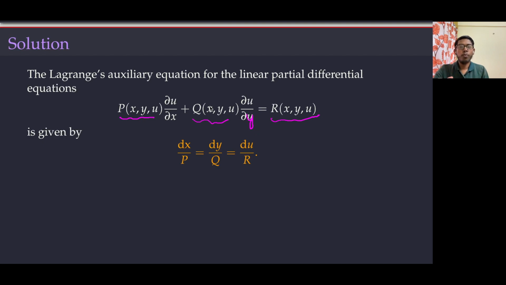So let's write down the auxiliary equation for the given differential equation.